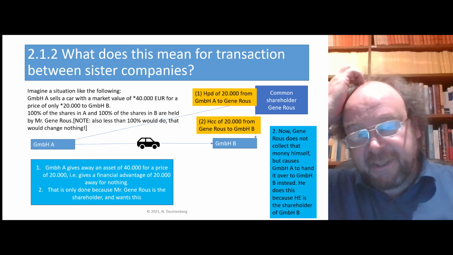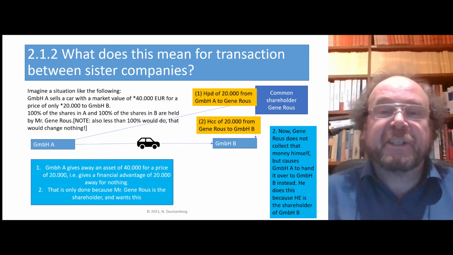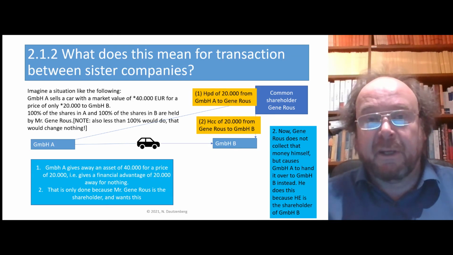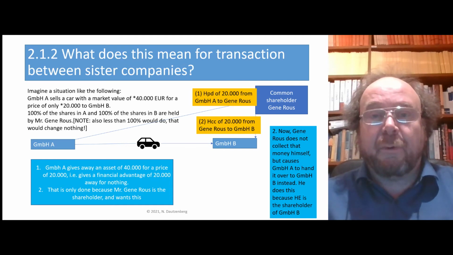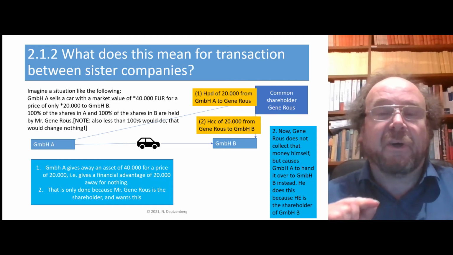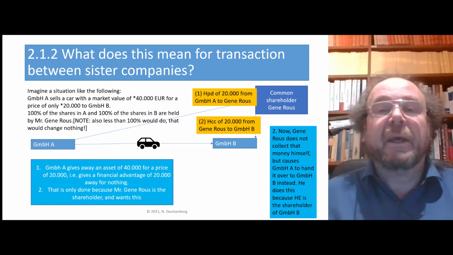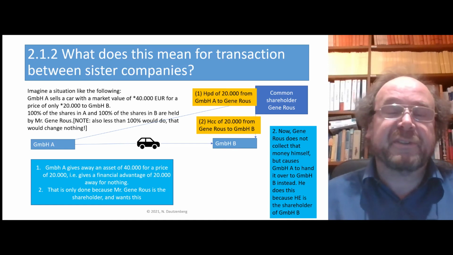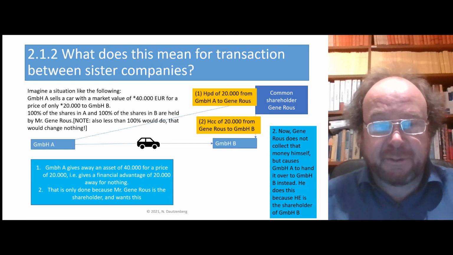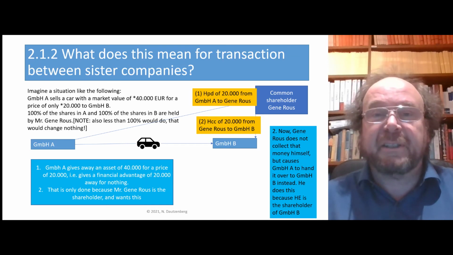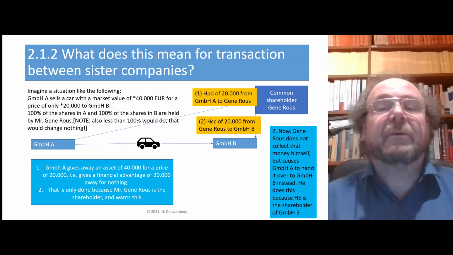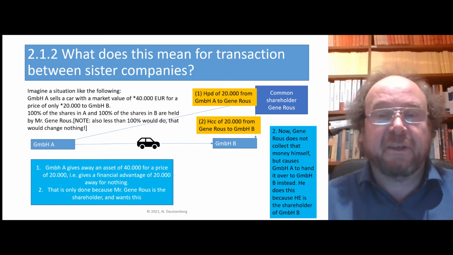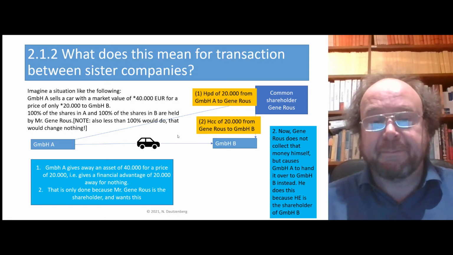What do all these principles mean for transactions between sister companies? Hidden profit distributions always go to the shareholder. Hidden capital contributions always come from the shareholder. Now, what happens if you do something for another company in the group for a very favorable, not market-conform price?